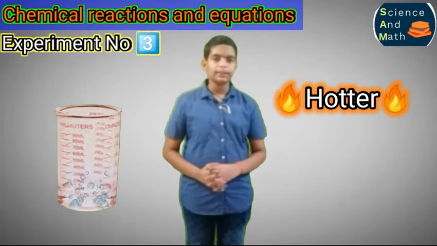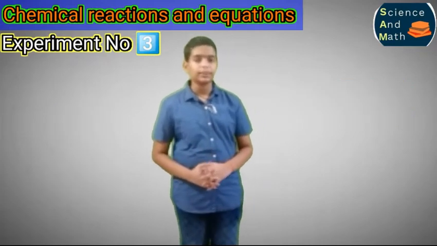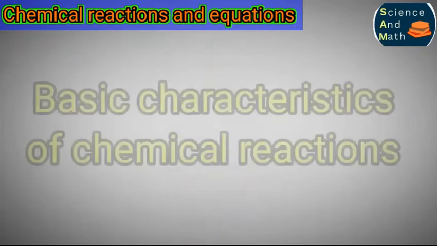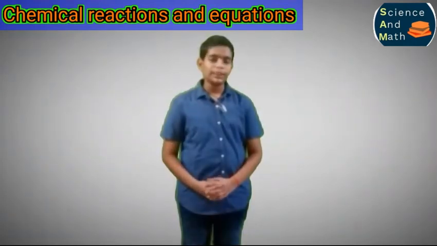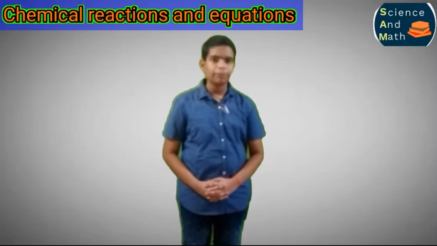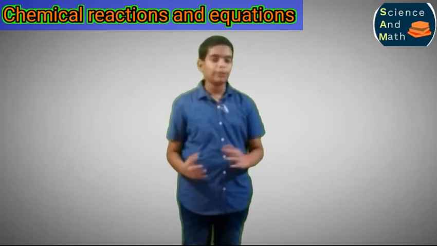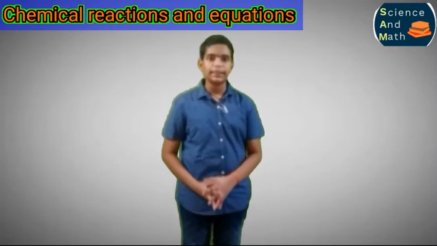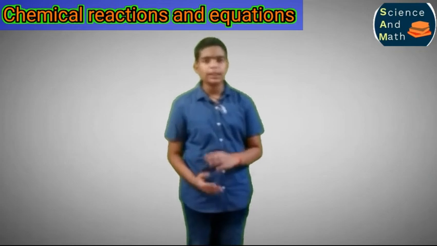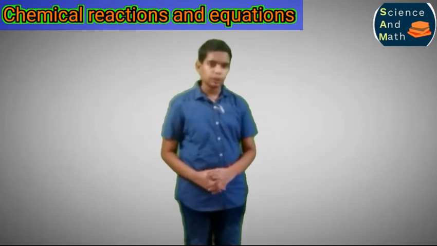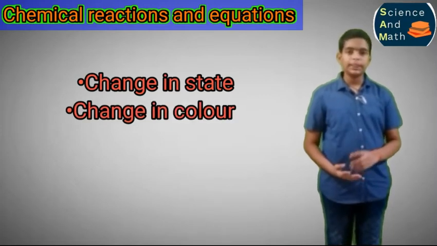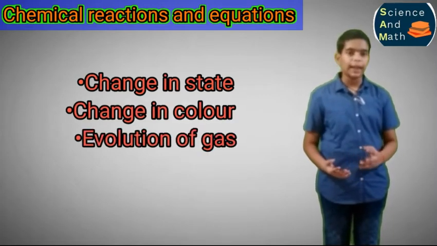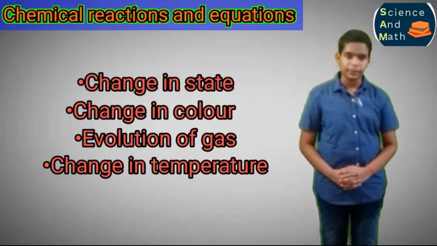Now let us get into the basic characteristics of chemical reactions. So friends, by these three experiments, we can say that there are many different observations by which we can tell whether a chemical reaction is involved or not. Such observations include change in state, change in color, evolution of a gas and change in temperature.